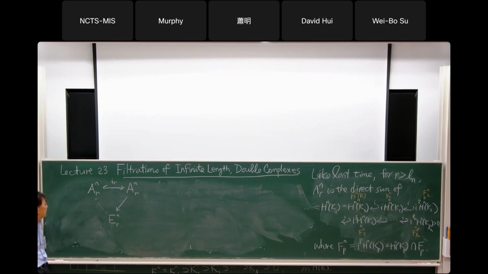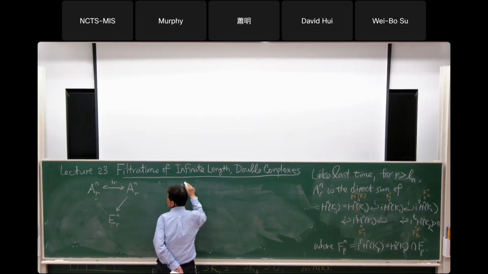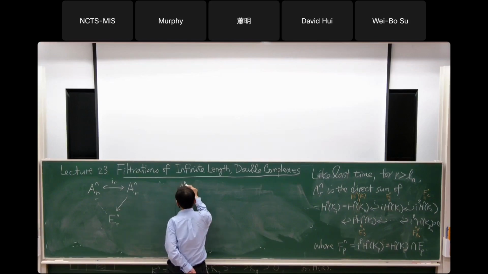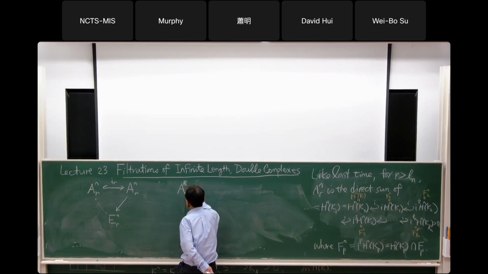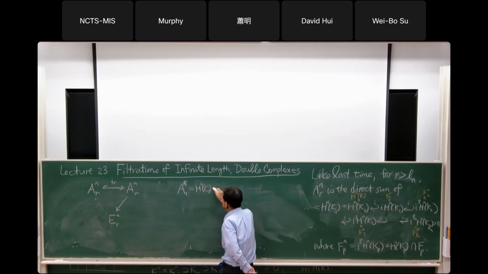Why is that? So in degree 1, let me see. If R is 1, A1 is just H. It's just the cohomology, right?